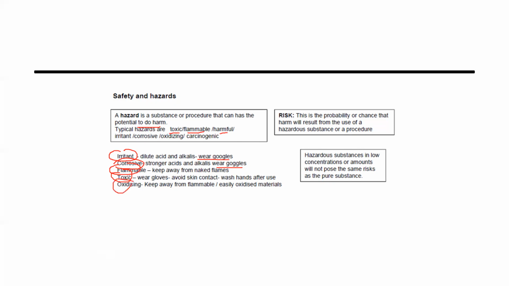If something is oxidizing, keep it away from flame or easily oxidizing material. So these are the things we do to reduce the risk. Risk can be reduced, but the hazard is there. It has potential to do harm.